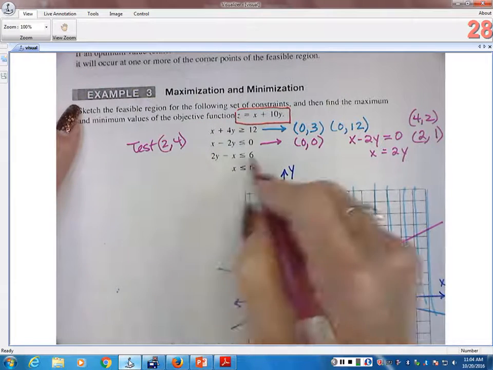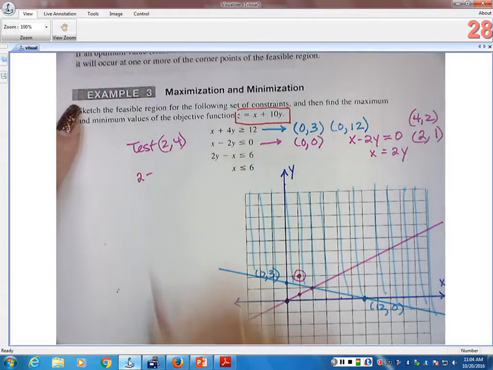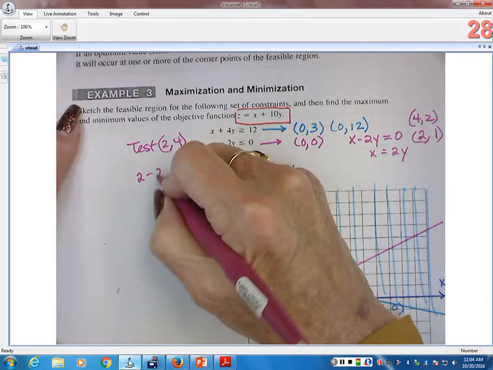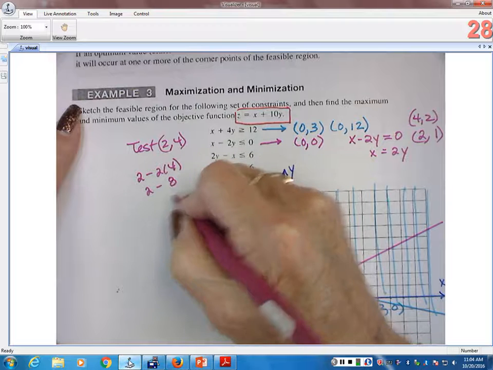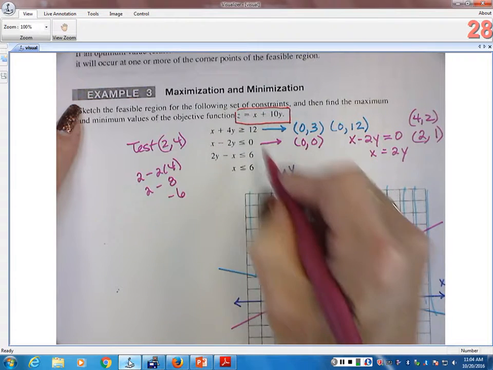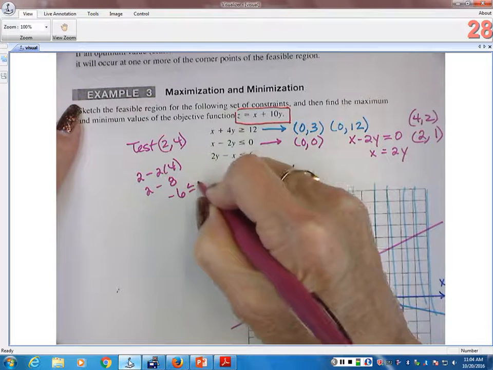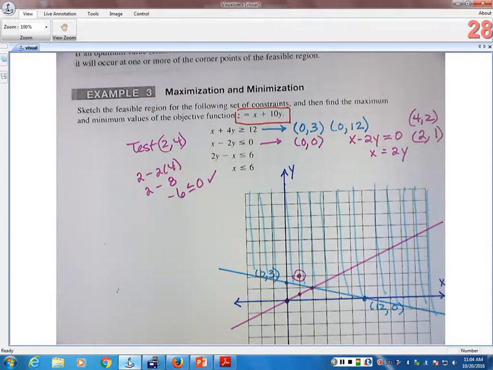So 2 minus 2 times 4 is 2 minus 8, which is negative 6. And negative 6 is in fact equal to or less than 0. So I'm going to shade that direction.